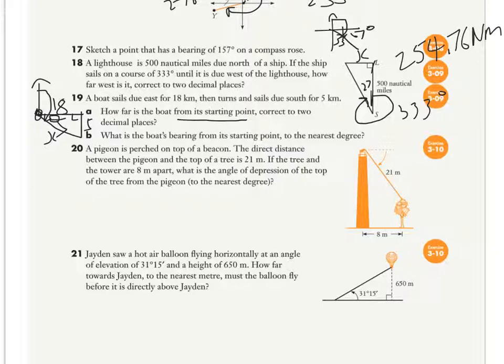So tan is the best thing. Tan theta equals 5 over 18, which gets us 16 degrees. This is for this question here. So the bearing will therefore be 90 plus 16, which is 106 degrees true.